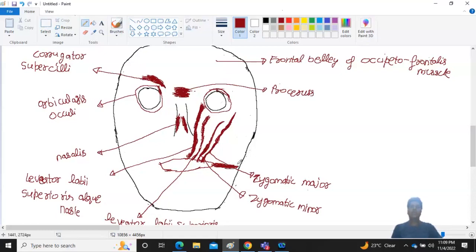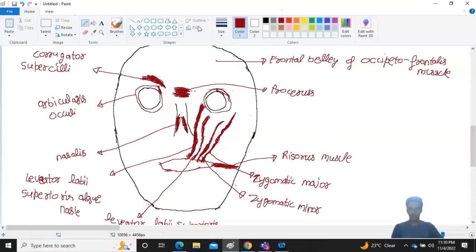This muscle is called risorius muscle. Done.